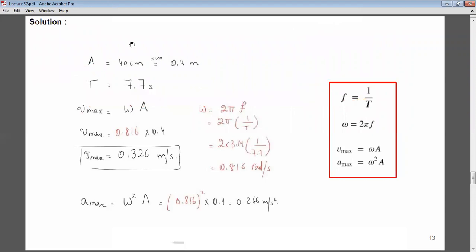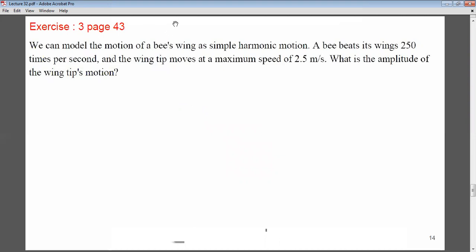You find the solution here with all the needed formulas in order to solve the problem. We can model the motion of a bee's wing as simple harmonic motion. A bee beats its wings 250 times per second. So 250 times in 1 second. And the wingtip moves at a maximum speed of 2.5 meters per second.